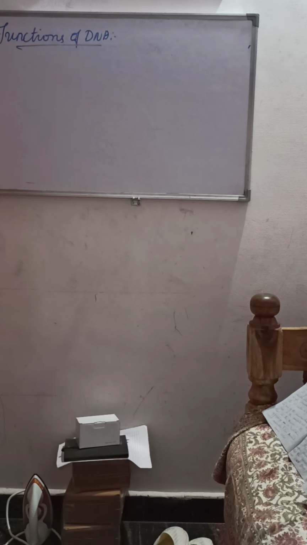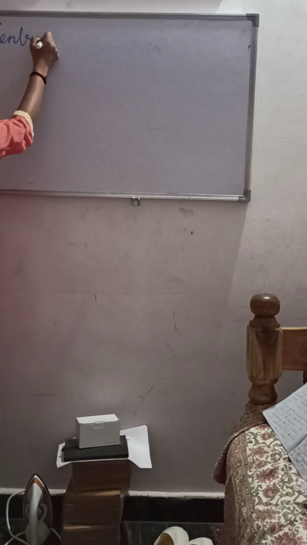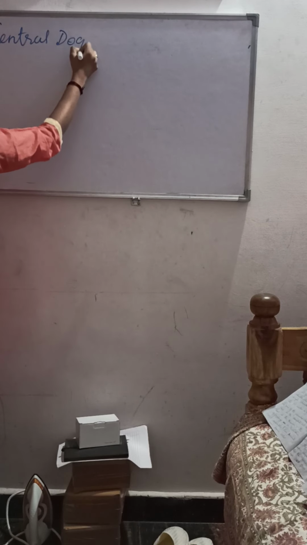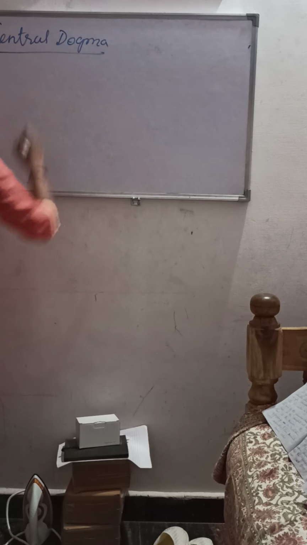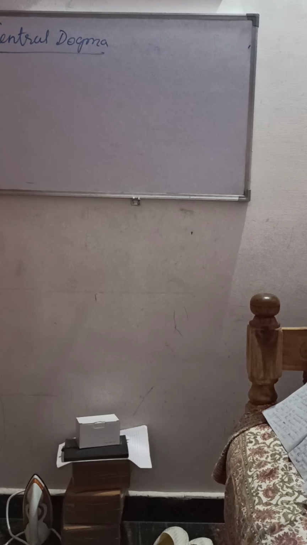Now moving on to the central dogma of what? Life. What is the central dogma? The central dogma of molecular biology states that genetic information flows from DNA to RNA to protein.